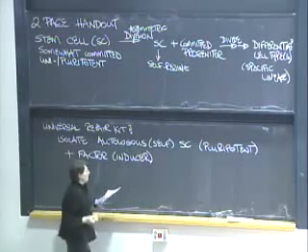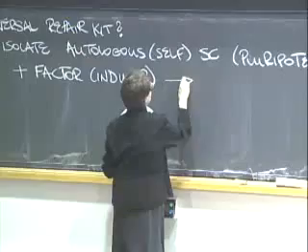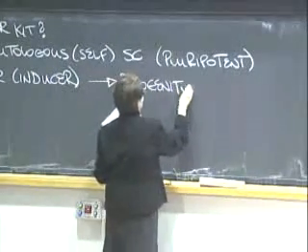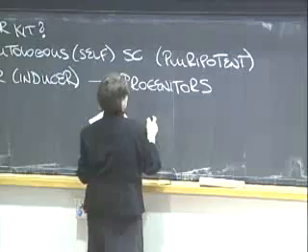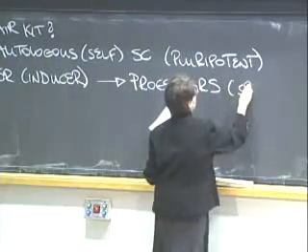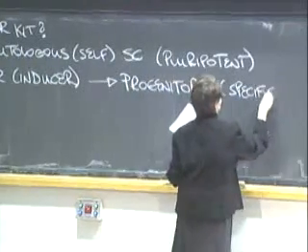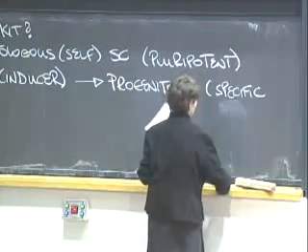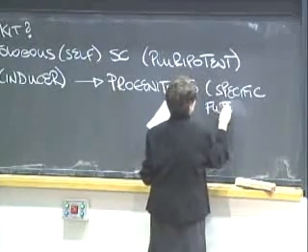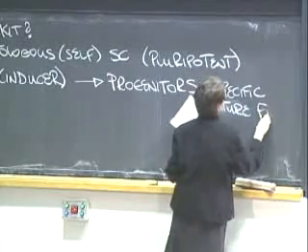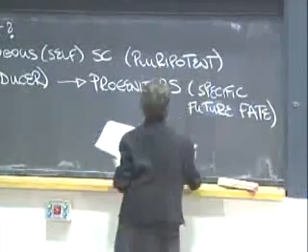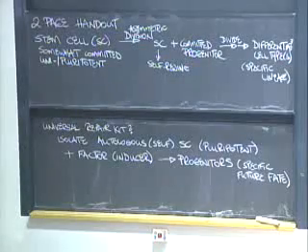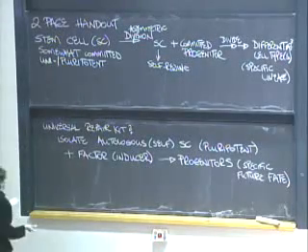And that inducer would turn those stem cells into progenitors, and those progenitors would have a specific future fate by virtue of which factor you treated the stem cells with. You'd then take those progenitors, inject them into someone whose body needed repair.